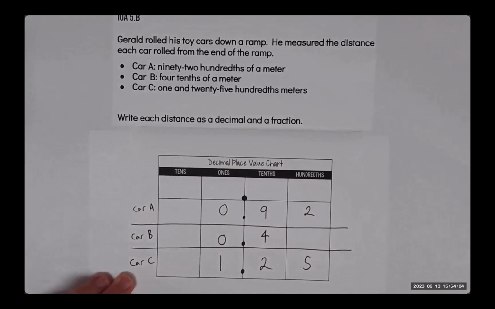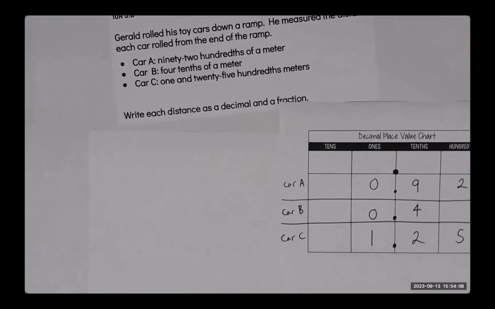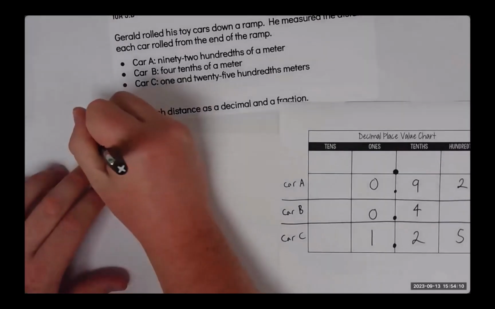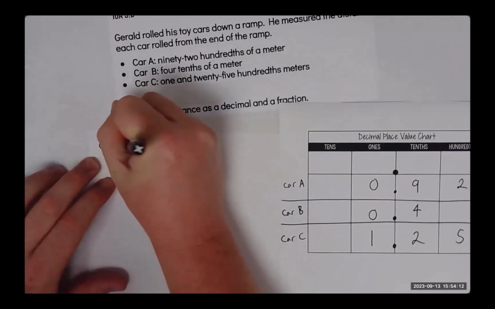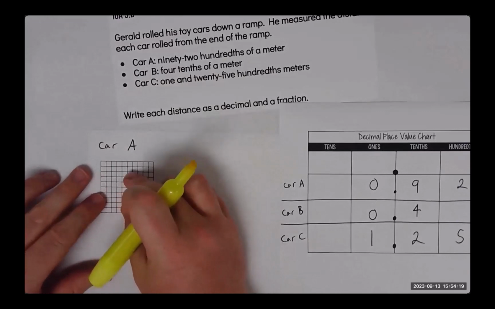Now I need to represent this using my decimal grids. For car A, I need to have 92 hundredths. So I'm going to use my decimal grid that is decomposed into hundredths.